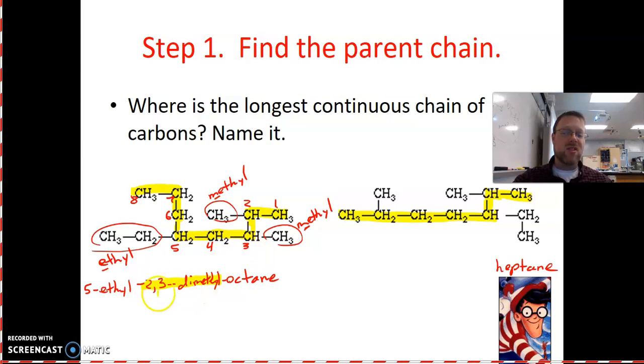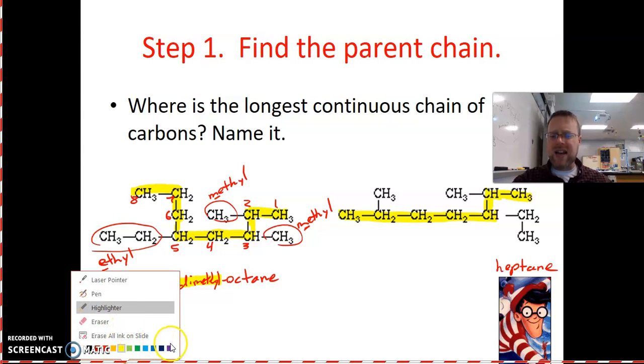If you have that kind of scenario, and you can do this with 2 attachments of the same kind or 6 attachments of the same kind, it doesn't matter. Just put the addresses, the locations, the numbers for where those attachments are attached all up front with commas between them, and then have a prefix that says how many of that same kind of attachment you have. So 2,3-dimethyl tells me I have 2 methyls attached at numbers 2 and 3 on a larger chain of octane.